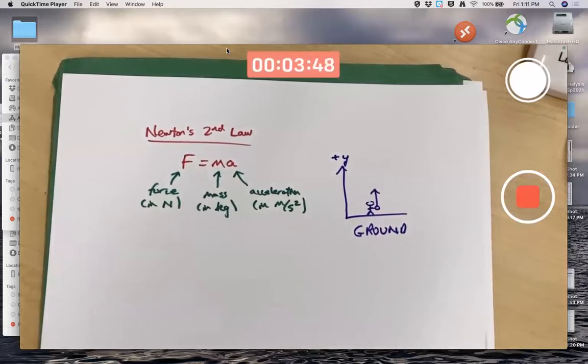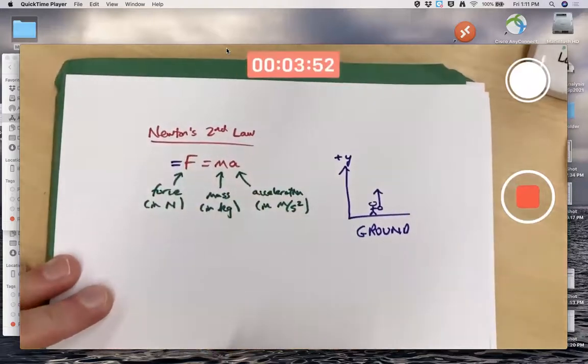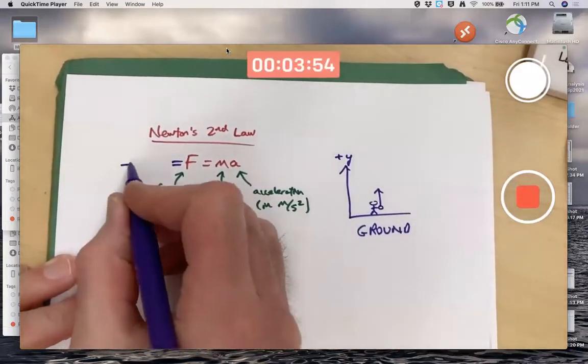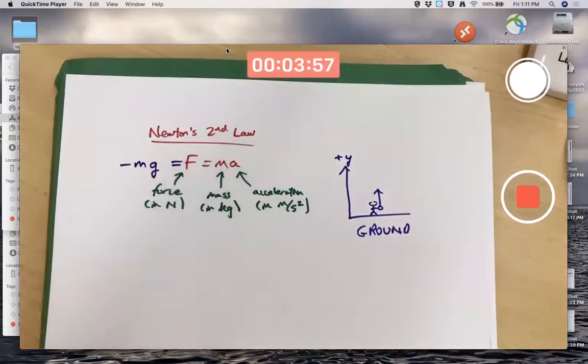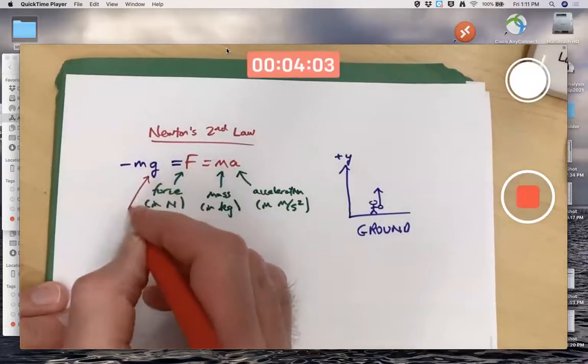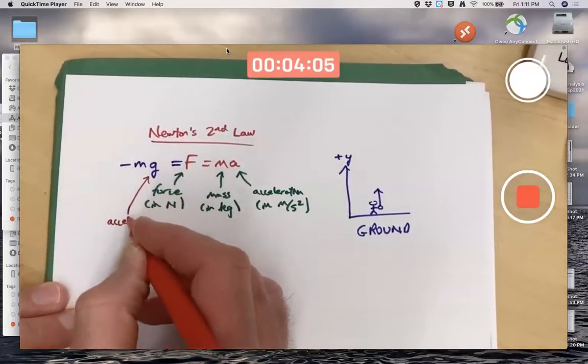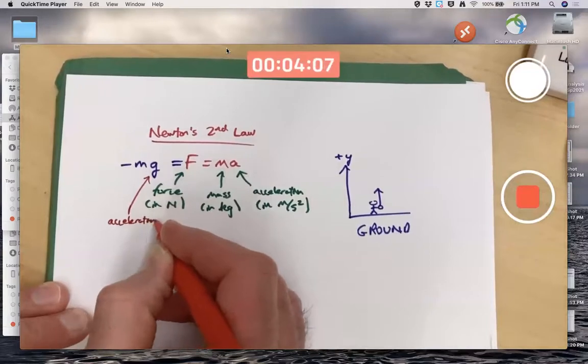The force in this context is negative mg, where g is the acceleration due to gravity near the surface of the Earth, and m is still the mass.